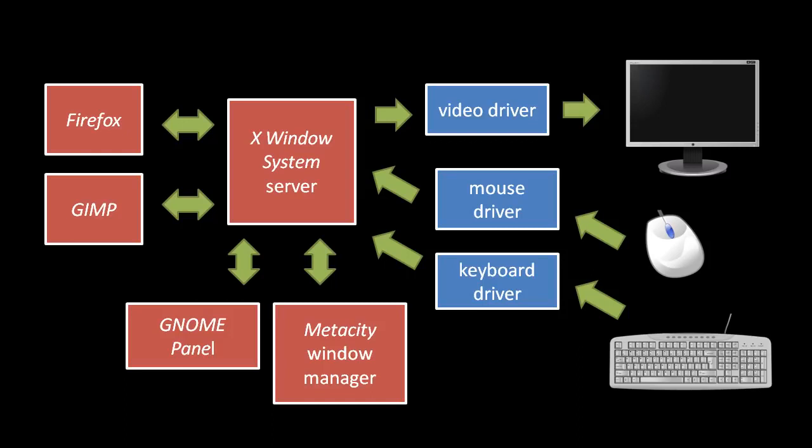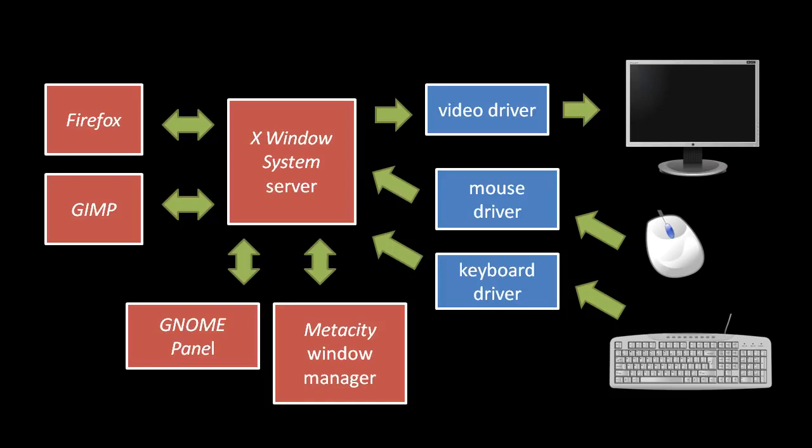Also be clear that though we call it a server, the X-Window server is usually talking to programs running on the very same machine. So when I run Firefox on my system and I see it displayed on my screen, then it's connected to the X-Window server running on my same system. Part of the reason, though, for this client-server architecture is that it is possible to run a program like Firefox and have it talk to an X-Window server running on a different system.